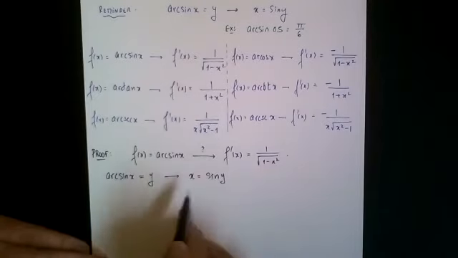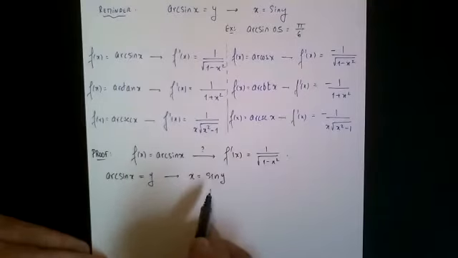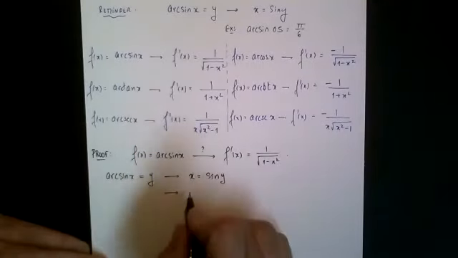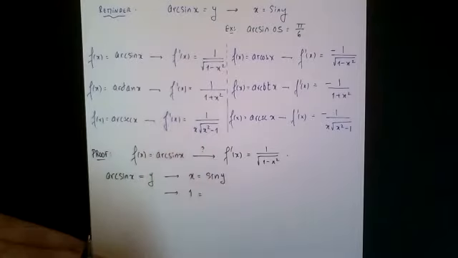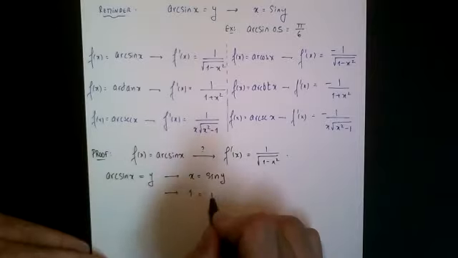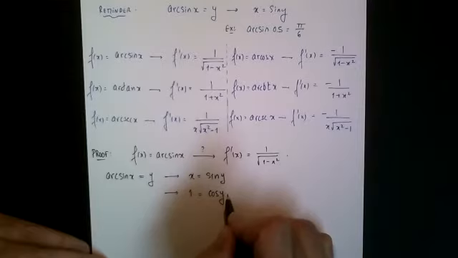Okay. So now I'm going to derive both sides implicitly. So the derivative of x is 1, equals, and the derivative of sine y is what? Can you tell me? You should know this by now. What is it? Cos y times y prime.